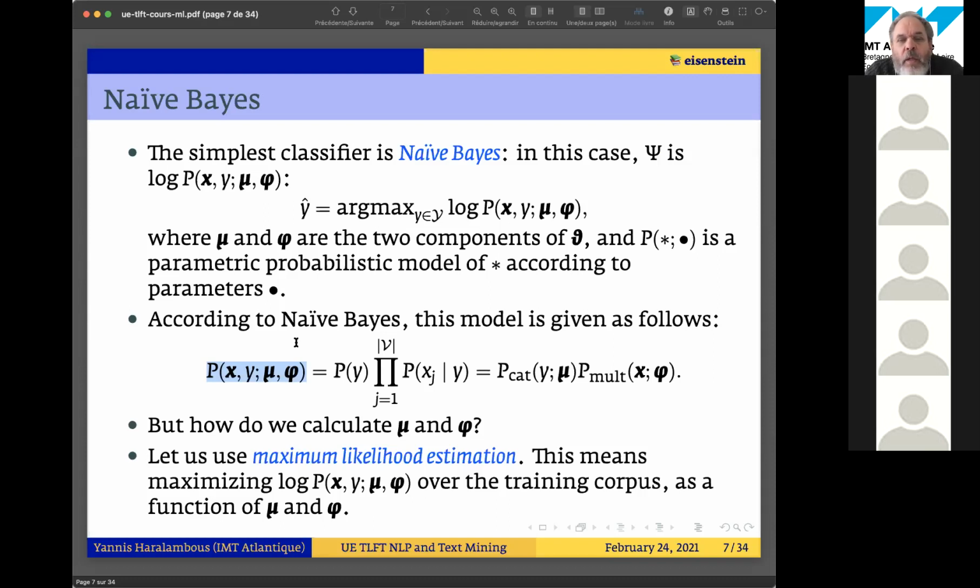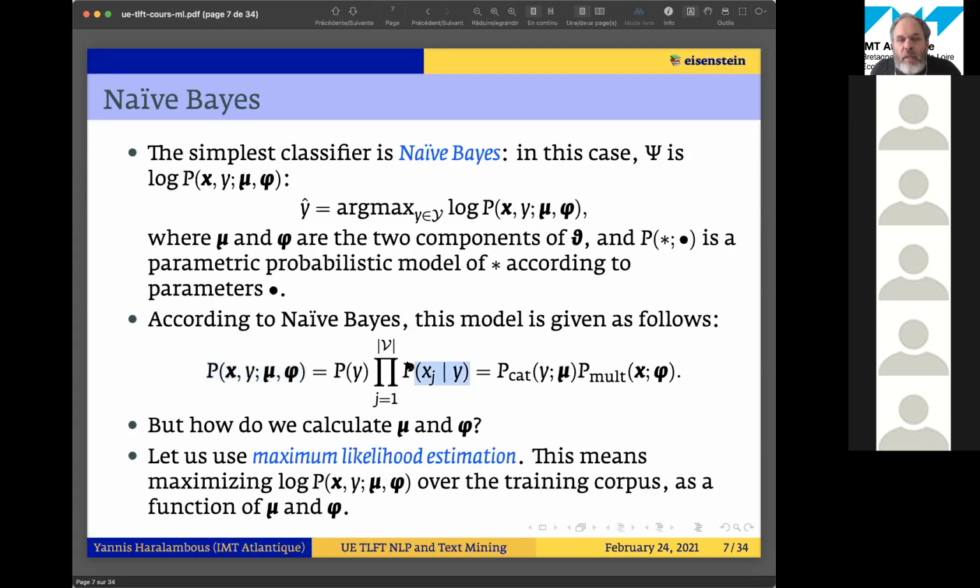And therefore, the joint probability is the product of individual probabilities, always conditional to y. This is a very strong hypothesis, which is wrong in many cases, but it allows us to do some very nice calculations. So this is the hypothesis of naive Bayes.